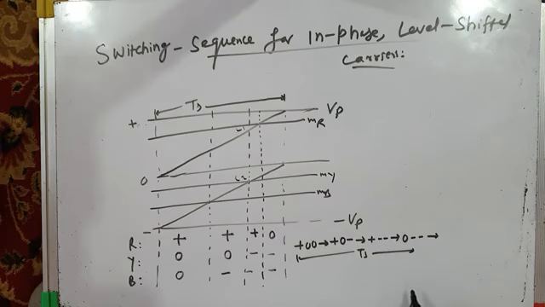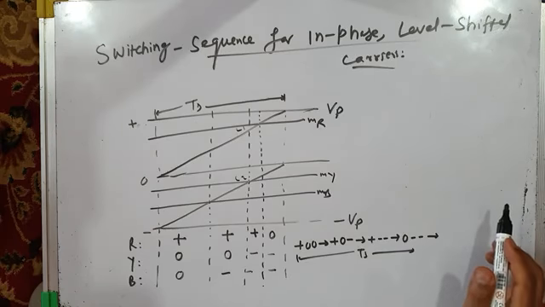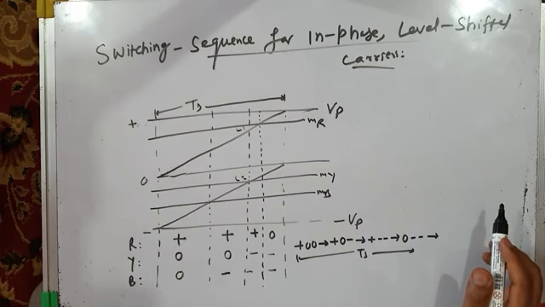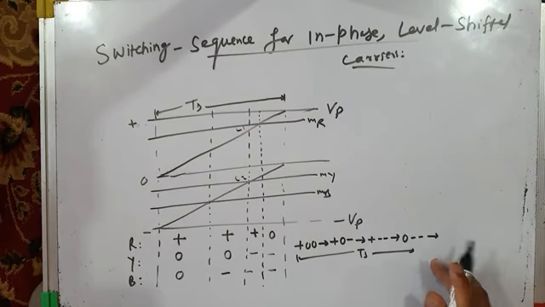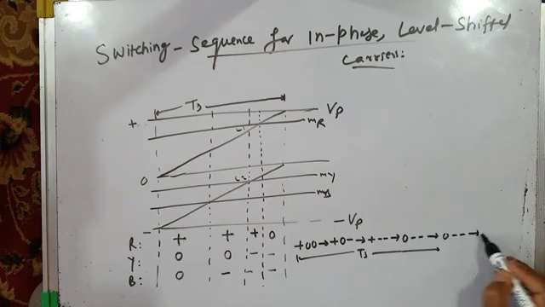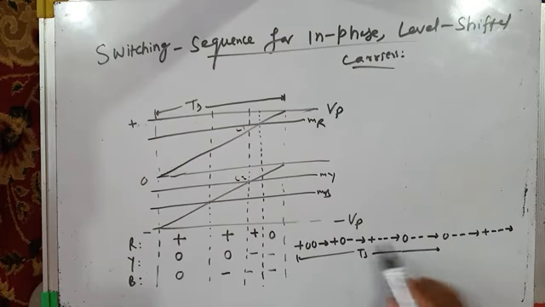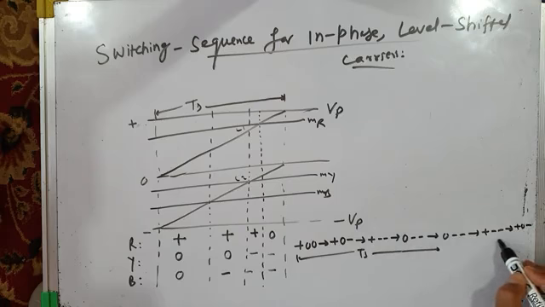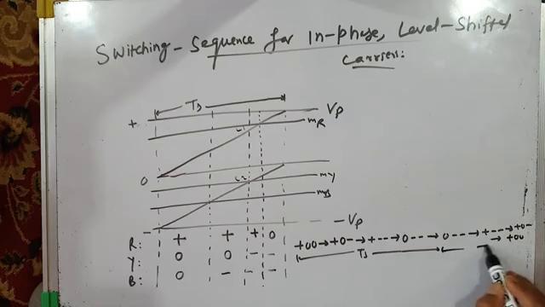And in another subcycle, it is like this, ulta: 0 minus minus, followed by plus minus minus, followed by plus 0 minus, and followed by plus 0 0. ये दूसरा subcycle है, yes.